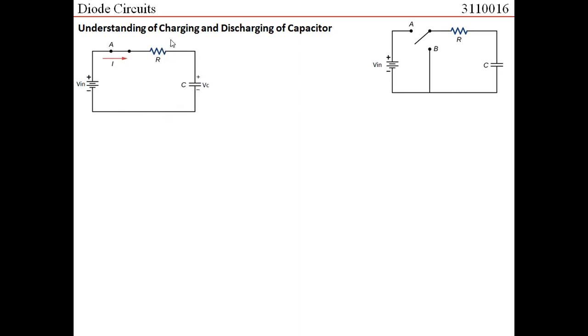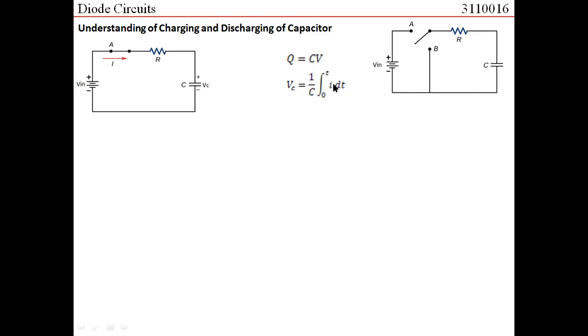And as the current flows, the charge across the capacitor starts getting stored and the voltage starts getting developed. We are aware of the basic relations of voltage, charge and capacitance. Q is equal to CV, and the voltage across the capacitor Vc can be given as 1 by C times the integration from 0 to T of i dt.